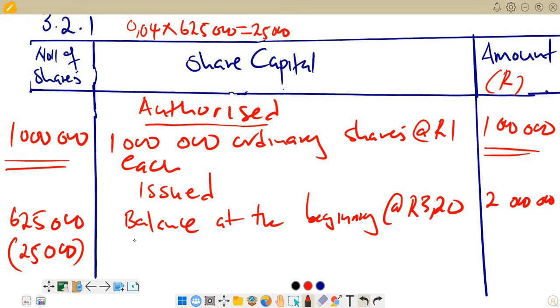And here we now summarize with the description of what is taking place there. There is a repurchase of ordinary shares.